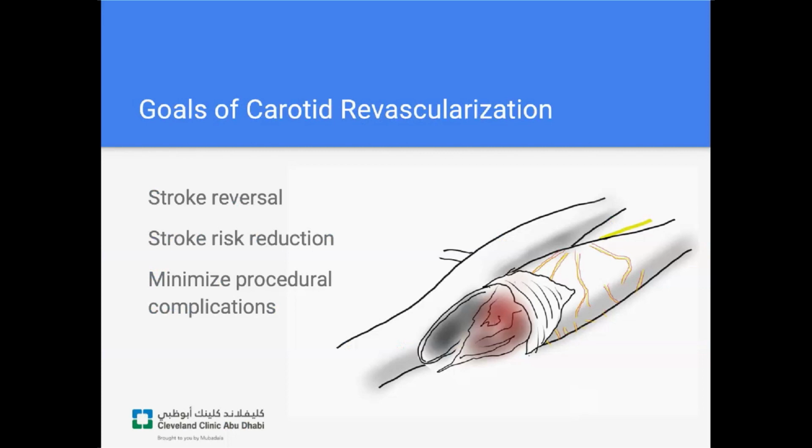It's not necessarily to reverse that stroke, but to reduce that patient's risk profile. The third goal is to minimize procedural complications, and every operator in this field should be constantly keeping tabs on themselves, keeping track of their results, and figuring out ways and methods to minimize their procedural complications.